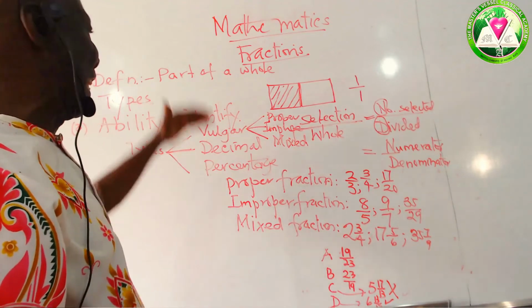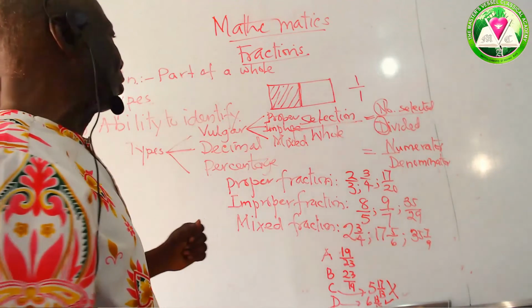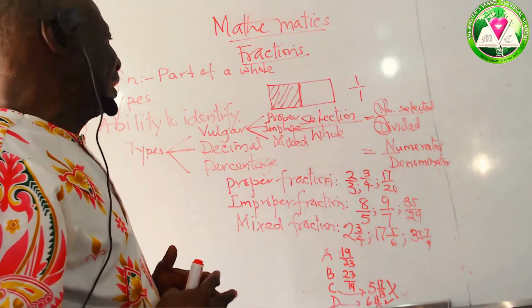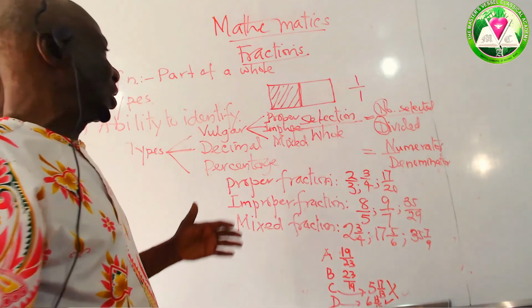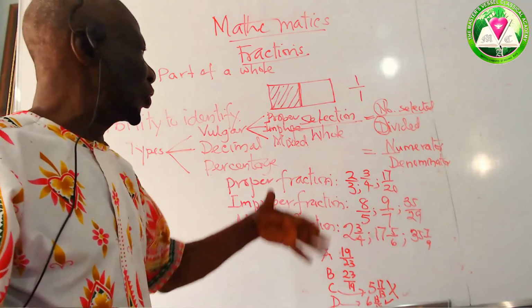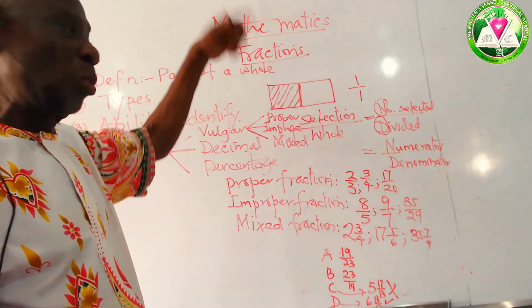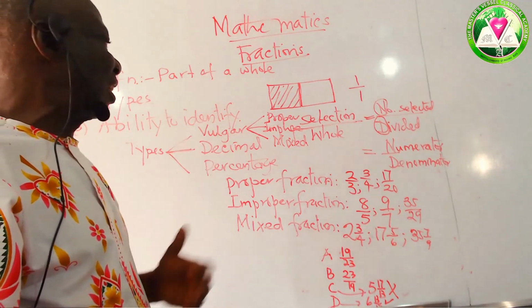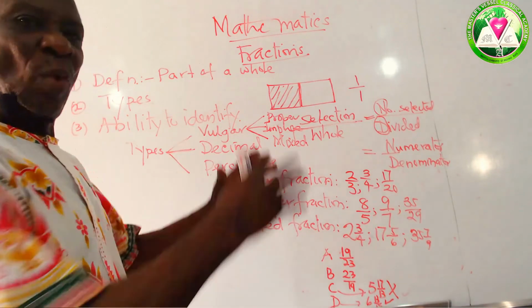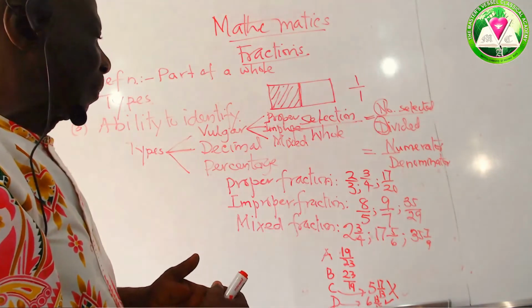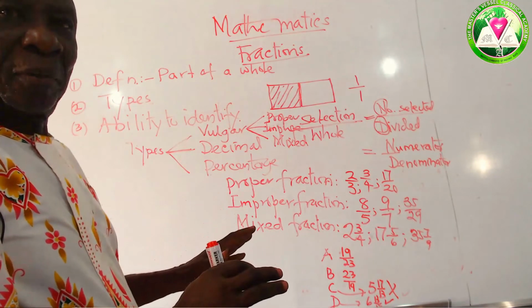For today we are on vulgar fractions. The vulgar fractions themselves are divided into 3 sections: proper, improper, mixed. Proper, where the numerator is smaller than the denominator. Improper, where the numerator is bigger than the denominator. Mixed, where we have a whole number portion and a proper fraction part. That is what we have done.